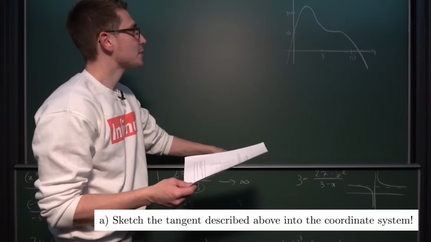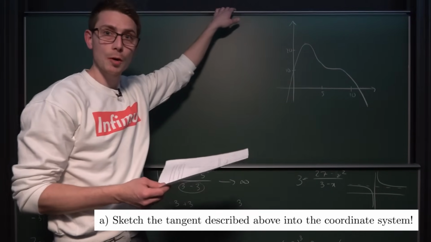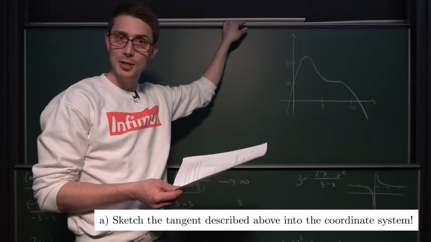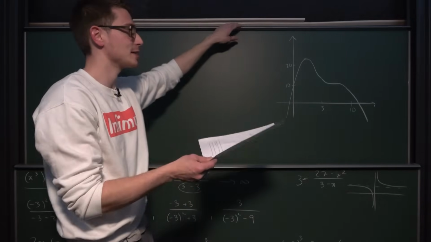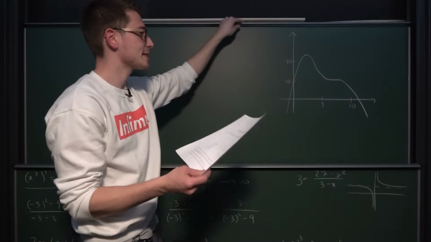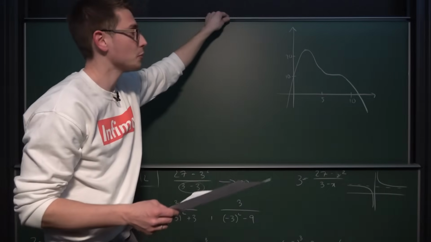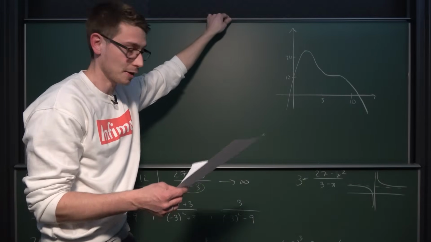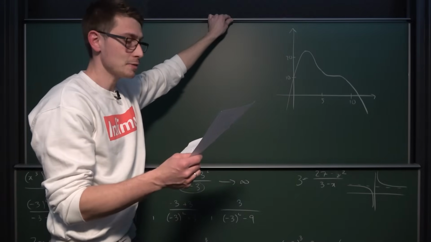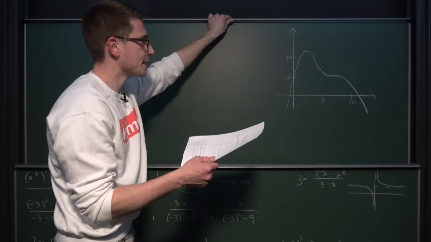And the first exercise: sketch the tangent described above into the coordinate system. Now, my students actually did kind of a good job here because they know how to draw a tangent in. Obviously, a tangent, this is just an empirical exercise, must only touch the set point. Okay, so it does not cut it, intersect it in the mathematical sense.